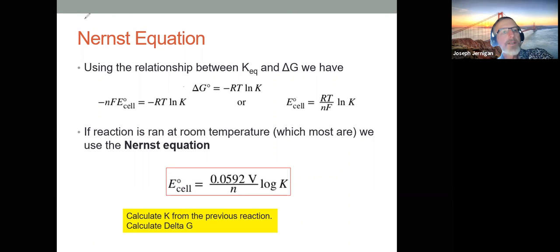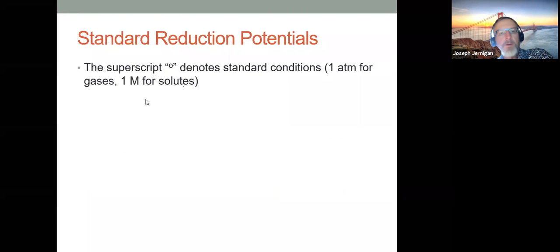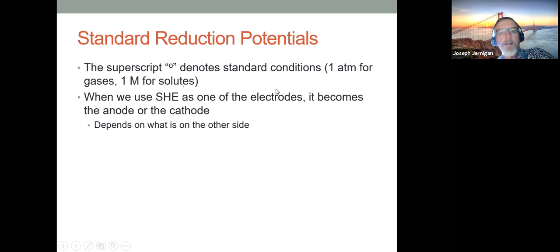Yeah, the superscript 0 denotes standard conditions. It's 1 atmosphere, it's 1 molar, that kind of thing. And unless it says otherwise, it's at 298 K, room temperature. When we use SHE as one of the electrodes, by SHE I mean standard hydrogen electrode, I'm going to show you that in a minute, it becomes the anode or the cathode.